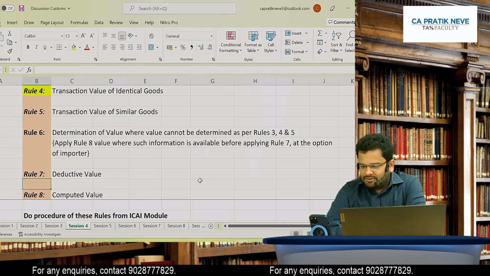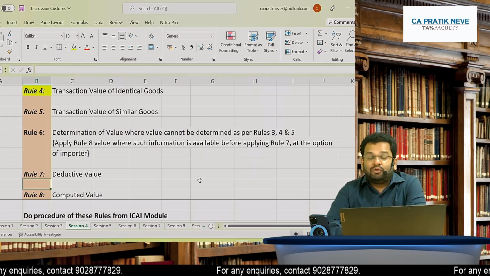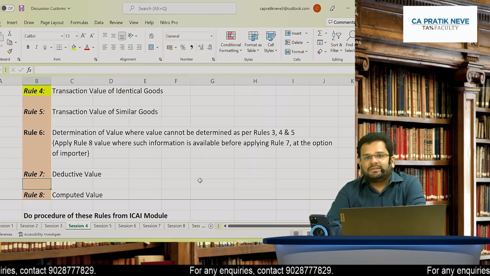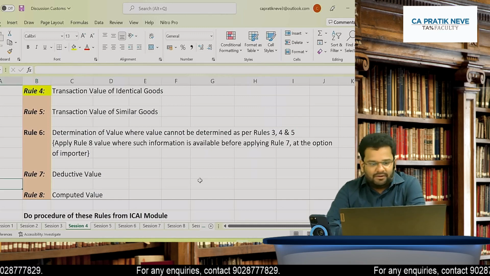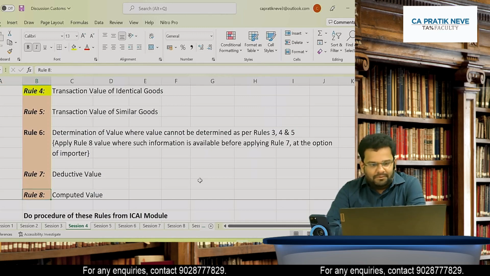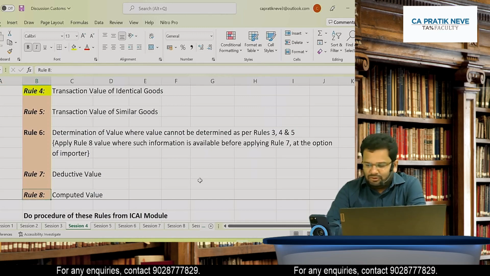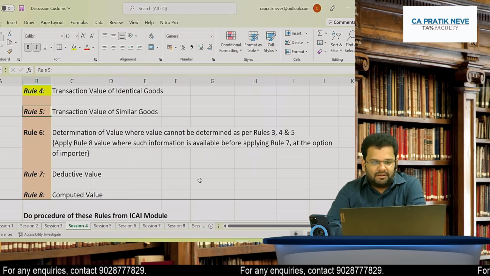First, let's focus on this batch. Then I have to take one batch special for CS Executive, one special for CS Professional. Okay, let's see. So that batch, let's see what can be done.